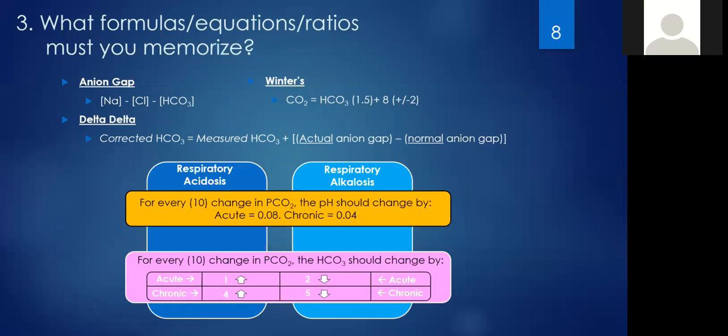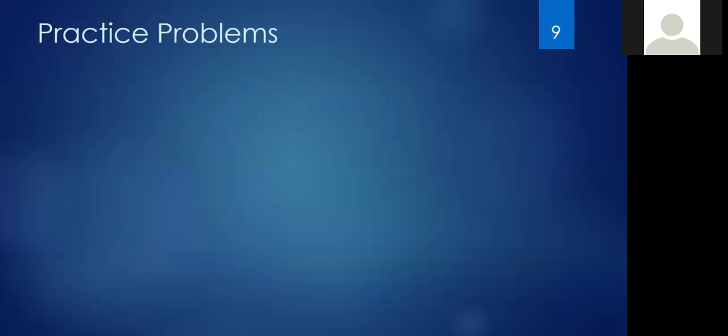So if you have all this stuff down or easy to access, and you know the questions to ask and you have an approach, then you should be able to figure out every type of acid-base disturbance there is. Okay, so let's get started.